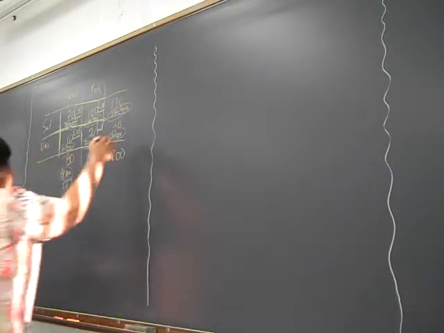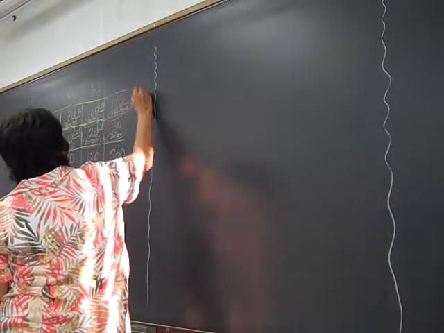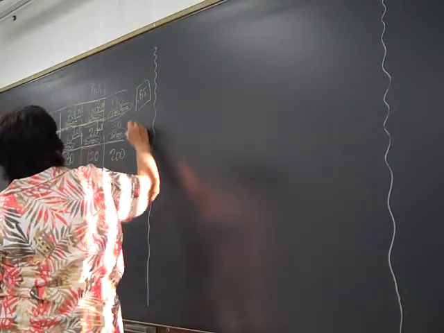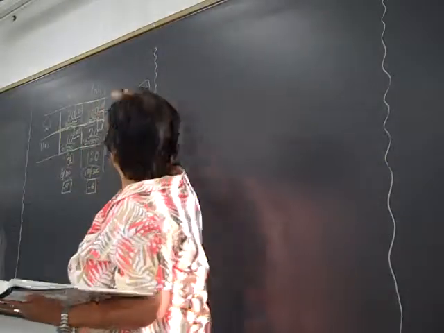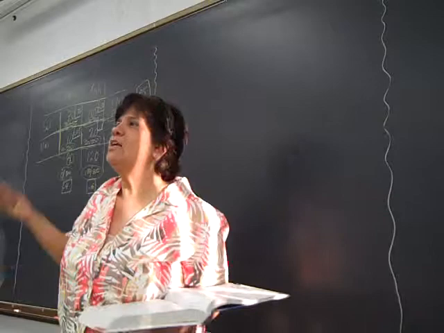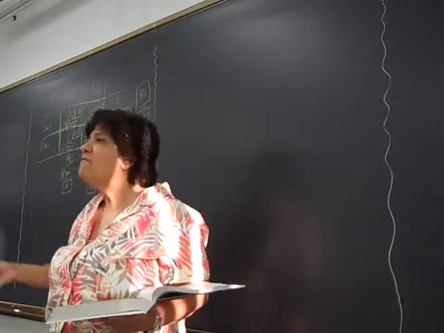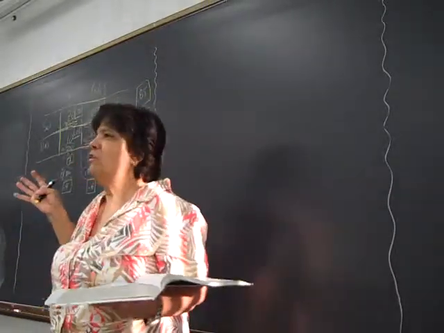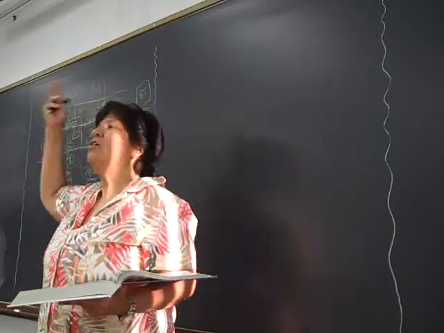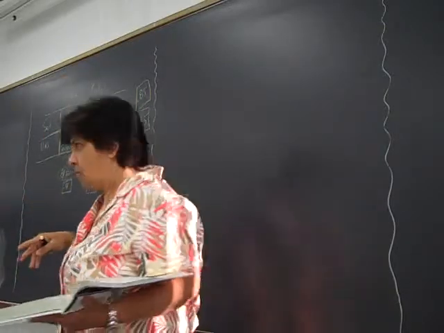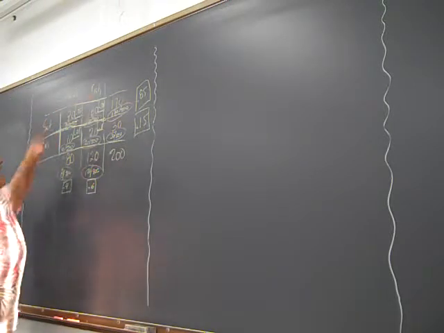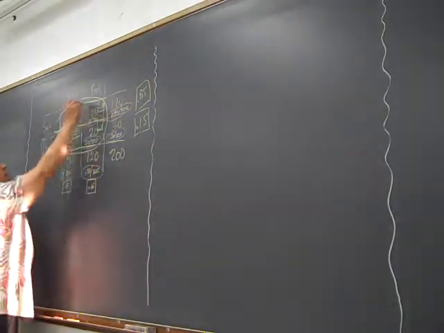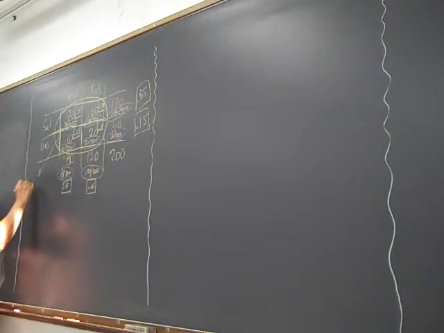Okay, what about this one? This one is 0.85, and this one is 0.15. And 0.85 plus 0.15 is equal to 1. Why? Because they are either satisfied or unsatisfied. Okay? Now, the probabilities that are inside are called joint probabilities.